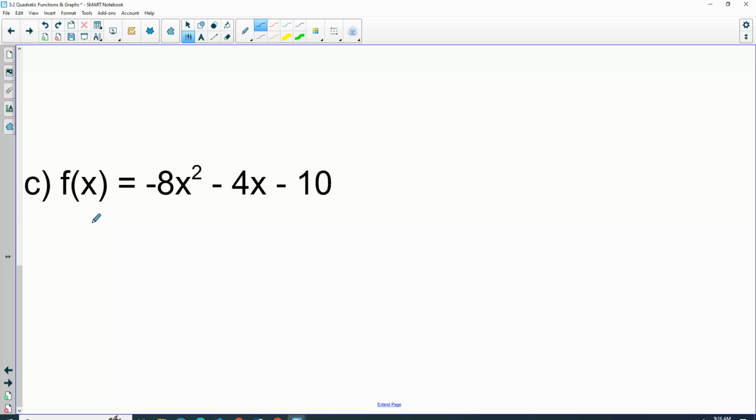So to find our vertex, this one we have to go back and do the opposite of B. So the opposite of -4 is +4 over 2 times -8. So we get 4 over -16, or -1/4. We don't have to have all nice numbers, so this is fine.